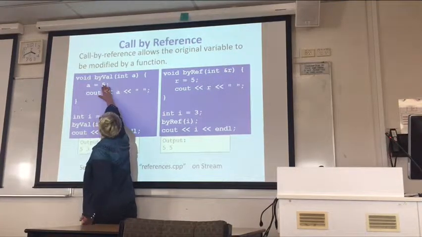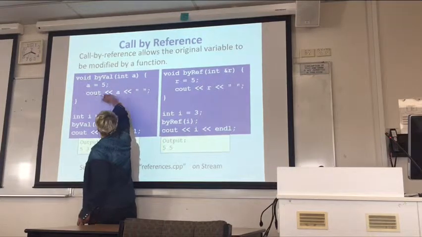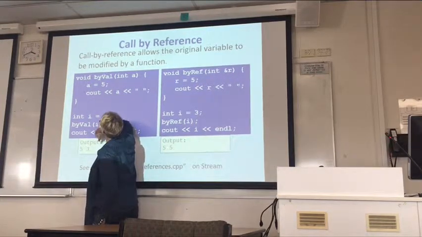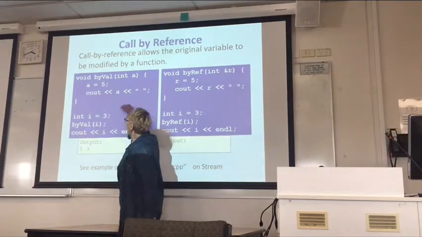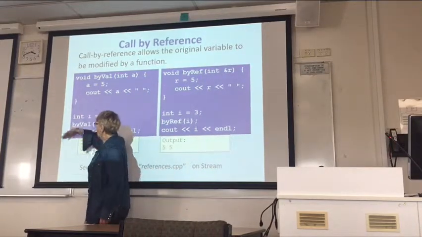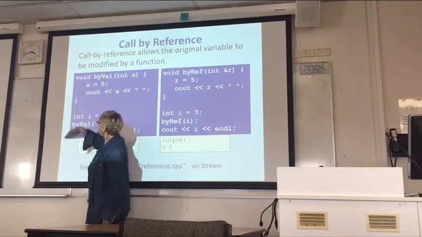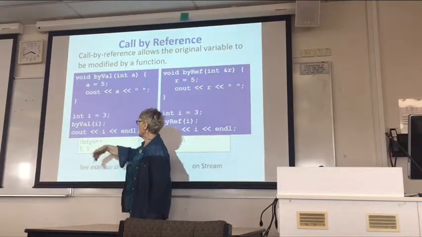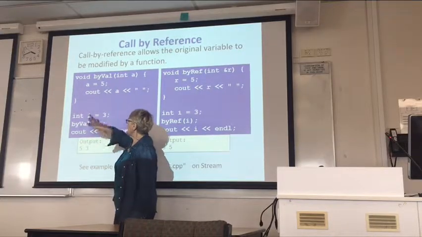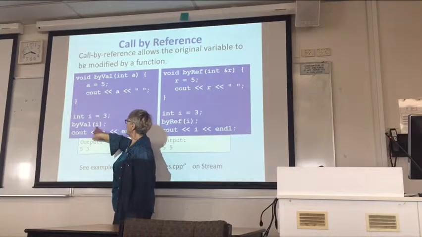It resets A to 5, in fact a copy of whatever is used at invocation time, to 5 and displays it. So if we assume that we are here inside main and we have this setup, I is an integer set to 3, we call that function for this value. What happens?